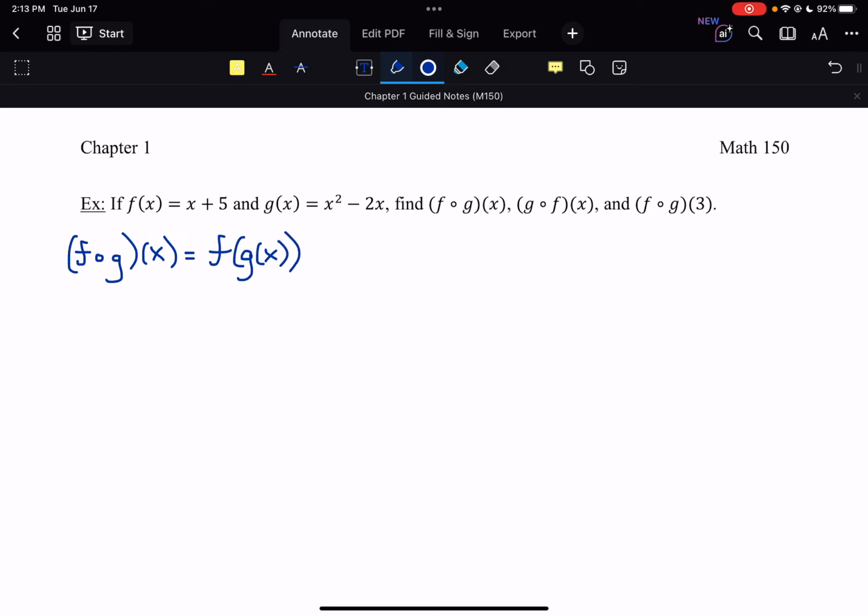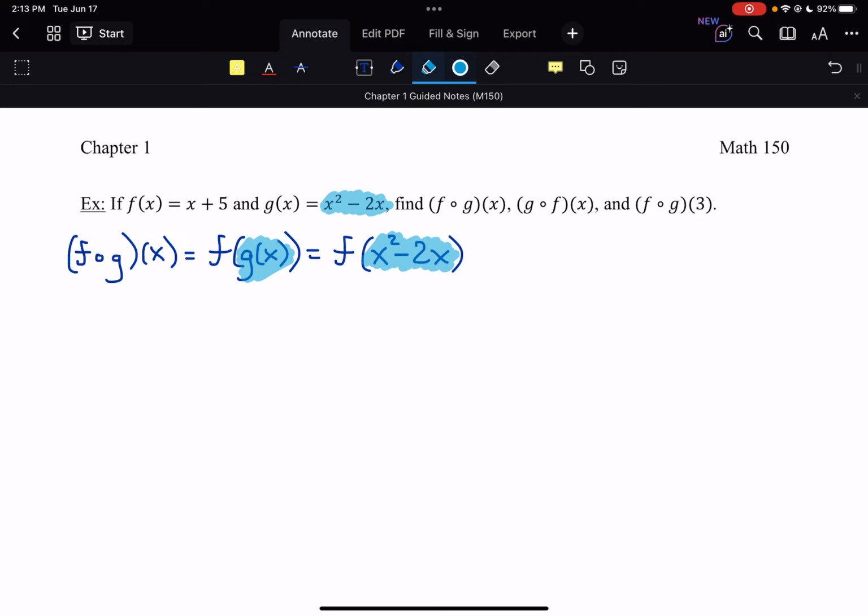We'll rewrite it as f of g of x like this. And now what I want to do is replace g of x with its formula. So this is f of x squared minus 2x. And now this is the input for f.